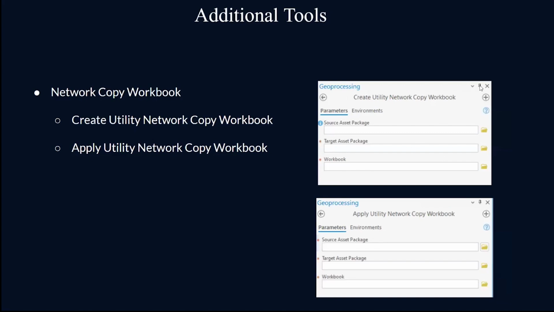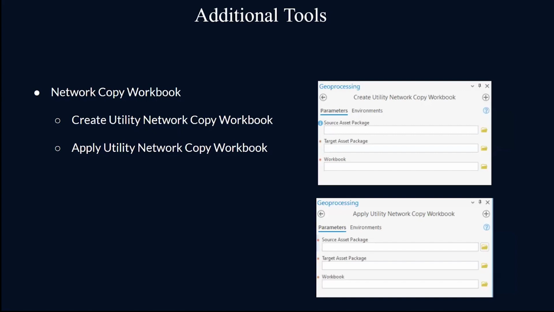And then another cool tool here is the Network Copy Workbook. That comes with the Create Utility Network Copy Workbook and the Apply Utility Network Copy Workbook. And when we see it in the demo, this allows us to essentially copy an asset type or an asset group from any asset package to another asset package.